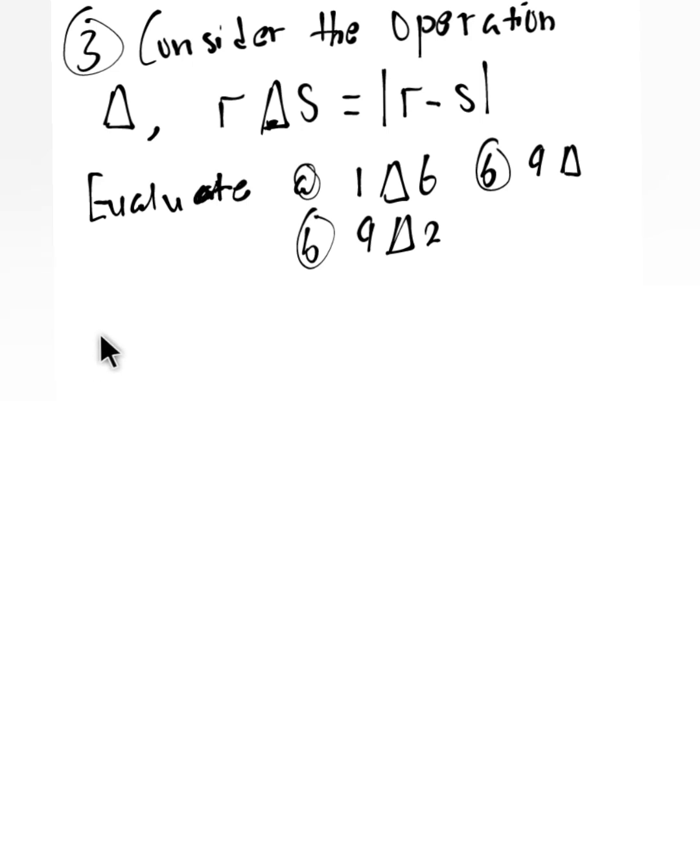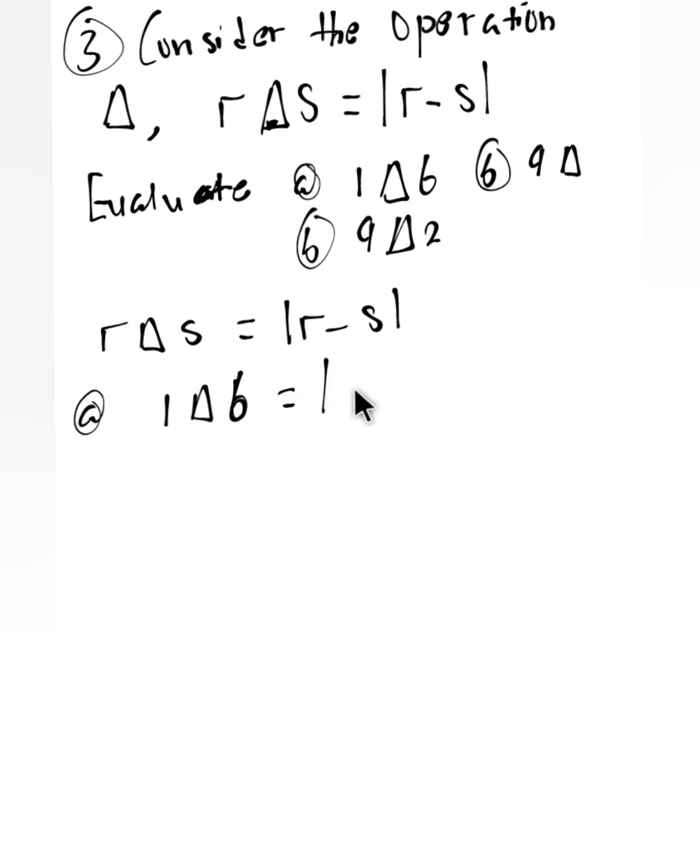Since a operation x is the absolute value of the difference of a and x, then 1 operation 6 will be the absolute value of 1 minus 6, and this is the absolute value of minus 5, and of course the absolute value of minus 5 is 5.